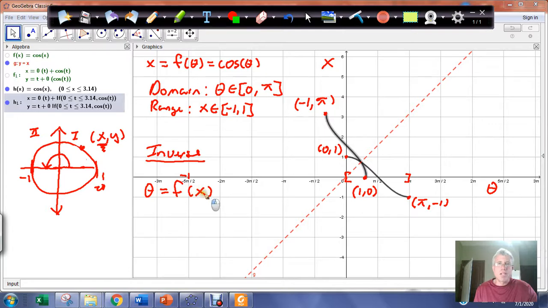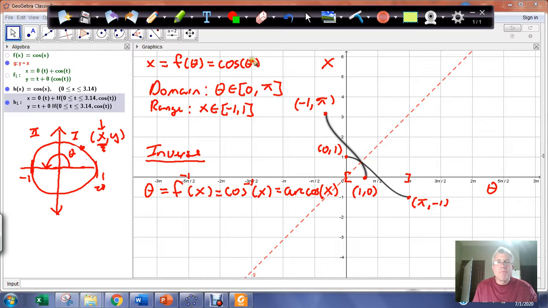The inputs are the x values. Or using inverse notation, the cosine inverse of the x's. Or the other name that we use is arc cosine of x. The inputs are the x's on the unit circle, and the outputs are the angle theta that generated that x coordinate over the interval from 0 to pi.